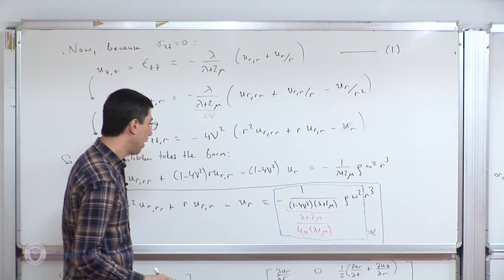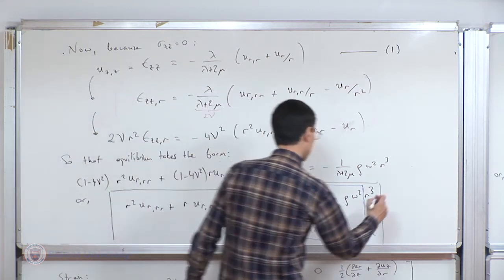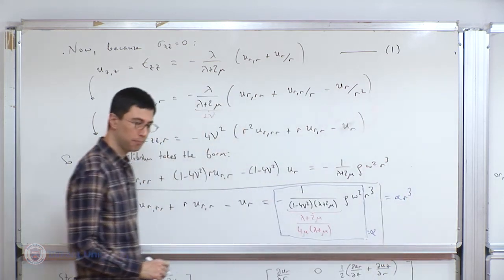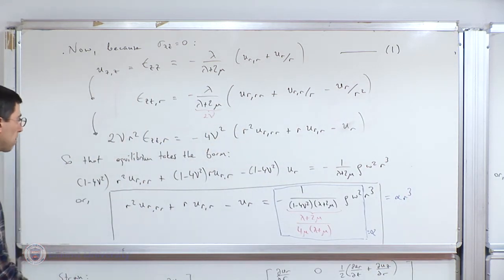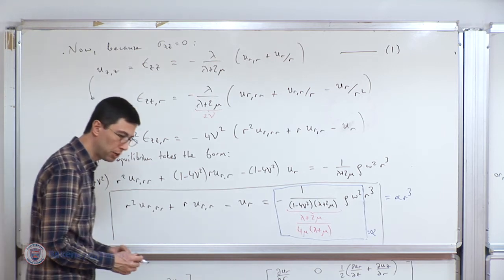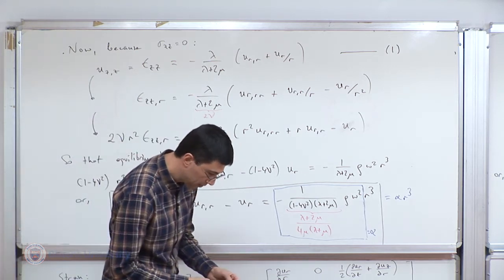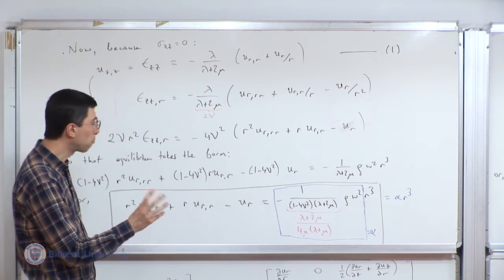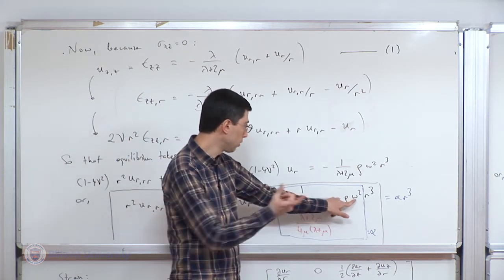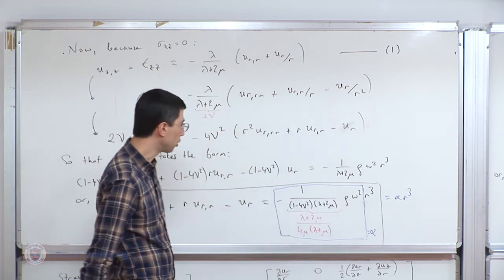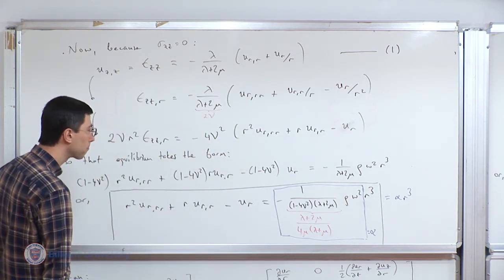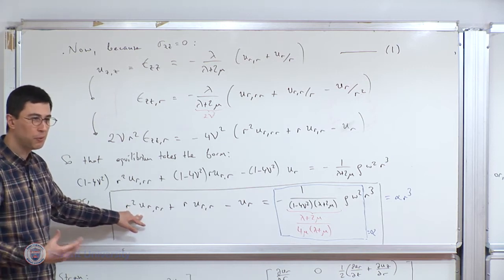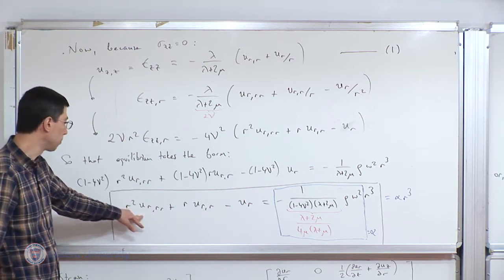So this is equivalent to alpha R cubed, because I don't want to drag it along as I try to solve the ODE. And I know what it is: it depends on the material parameters and a problem parameter, which is the speed of rotation, the angular velocity omega.